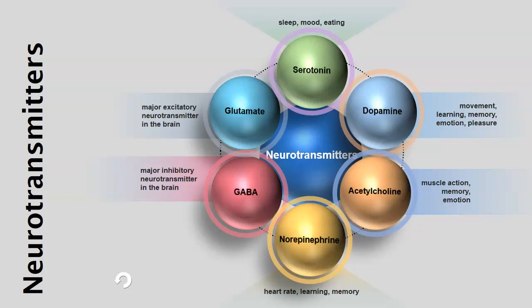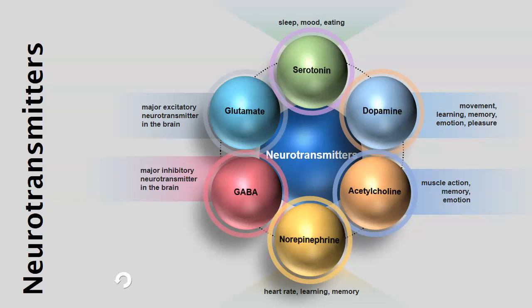Serotonin is involved in sleep, appetite, sensory perception, pain suppression, and mood. If you remember what I said about what SSRI stands for, serotonin selective reuptake inhibitor, it means that one of the ways we treat depression is that we alter the activity of serotonin in the brain, essentially.